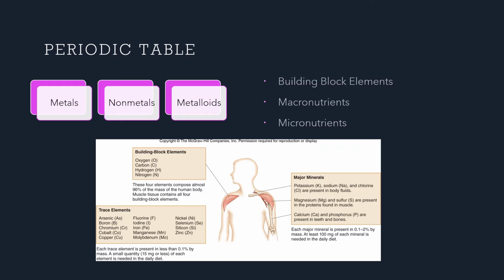So things like boron, iron, selenium, zinc. Again, these are found in teeny tiny quantities, less than 15 milligrams in our body or in our daily diet that we need each day, but they are necessary. So there's things that we need, but we just need them in teeny tiny amounts.